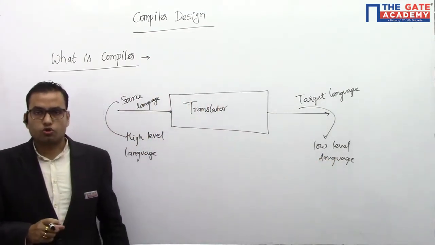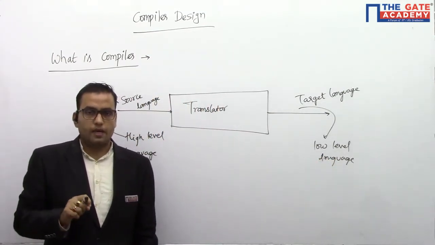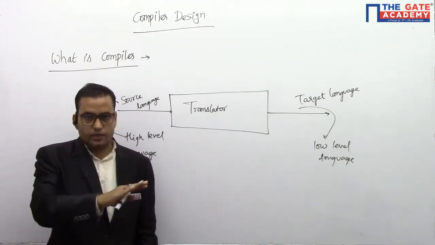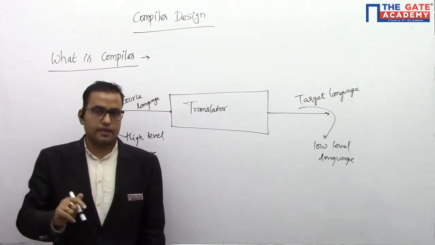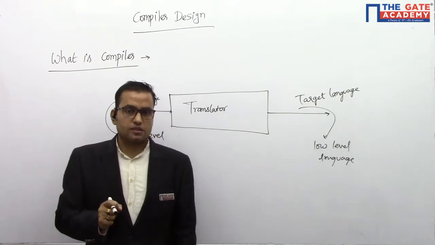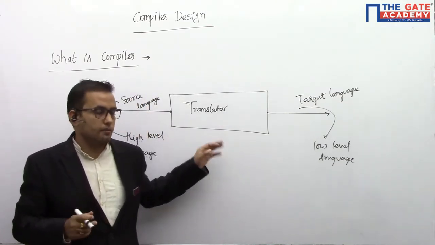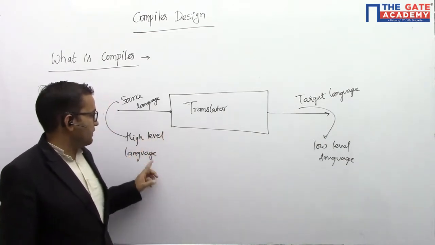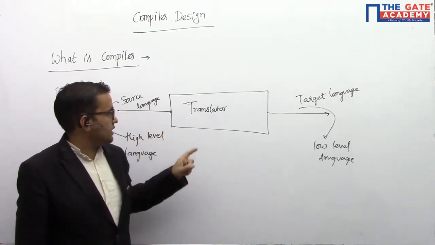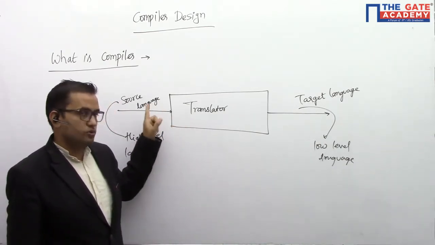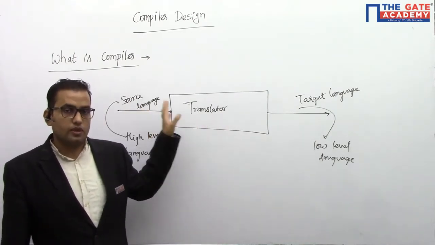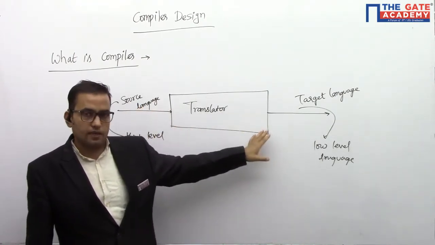It is correct. Most of the time we use compiler to convert high to low level language, but it is not correct because we can use a translator for any kind of language. It may be low to low, it may be high to high, it may be anything, but practically we use it for high level to low level language. So the basic definition is, compiler is a translator which is used to translate source language to target language. It is correct.